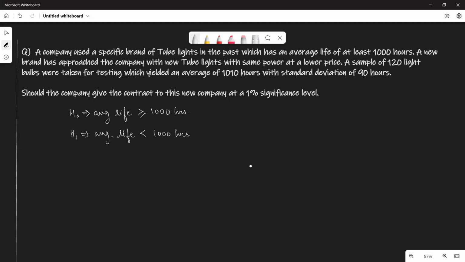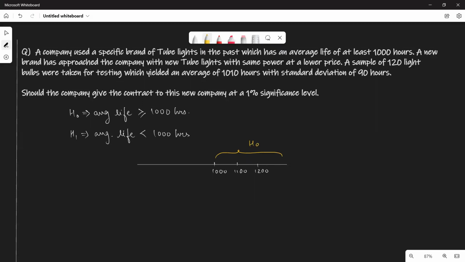Obviously, it is a one-tailed test. Now, let us see what sort of one-tailed test, left or right. So let's say 1,000 is here, and we are saying more than 1,000. So average life greater than or equal to 1,000. That means 1,000, let's say 1,100, let's say 1,200, something like that. So this is part of what?